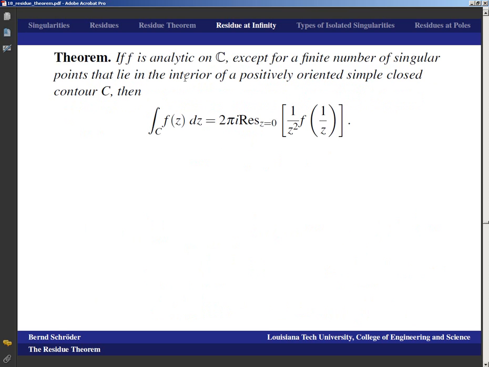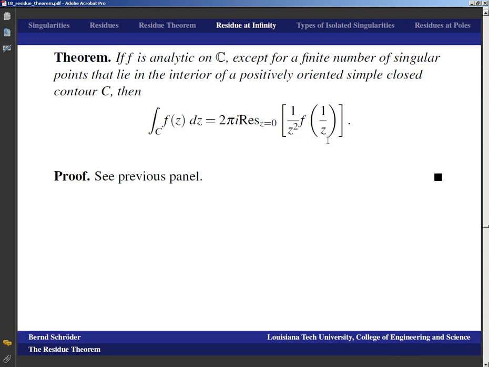Okay, so that means if the function f is analytic except for a finite number of singular points that lie in the interior of this positively oriented simple closed contour C, then the integral over C of f of z dz is 2 pi i times the residue at z equals 0 of 1 over z squared f of 1 over z, and the proof was just given on the previous panel.